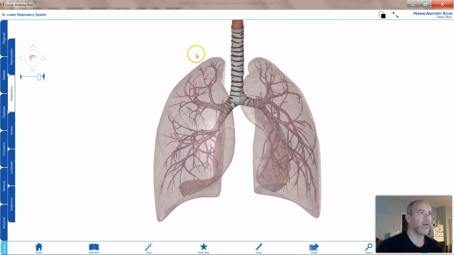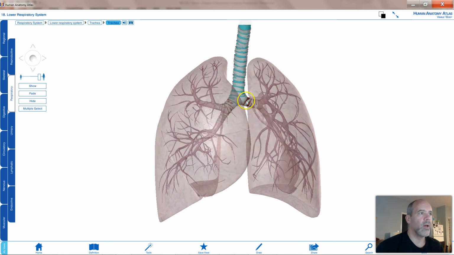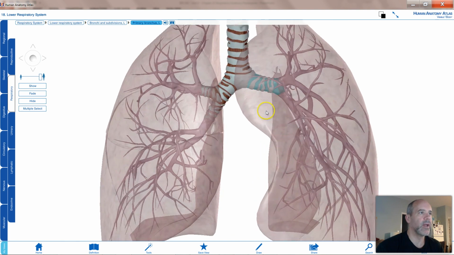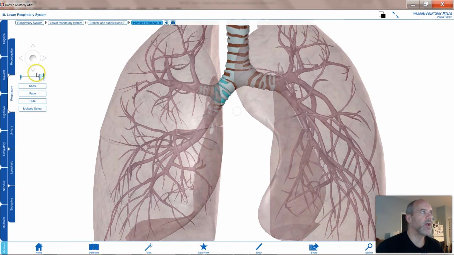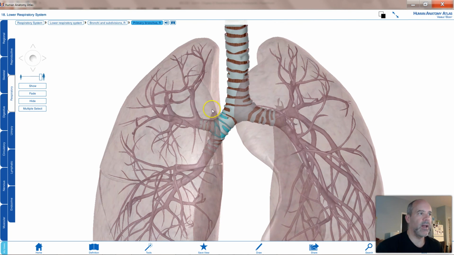Isolate those and the respiratory passages. All right, so air passes through the trachea and then it's going to head over into a left bronchus, so you can see where that's located, or the right bronchus over here. And each of those that I just highlighted is called a primary bronchus.